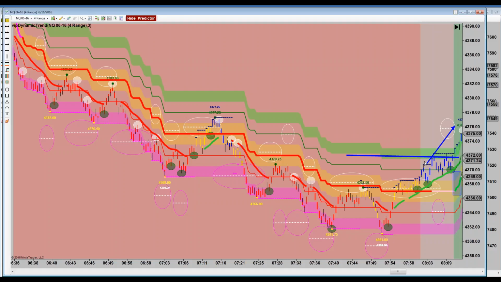15 seconds. If it pulls back, where are you getting in?